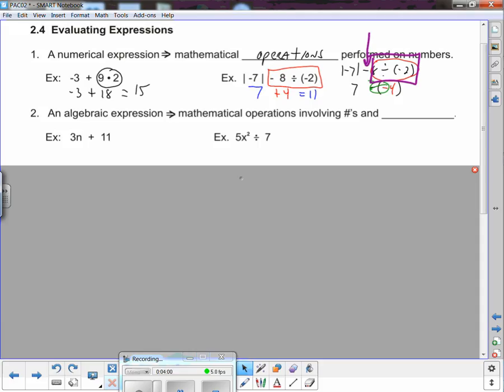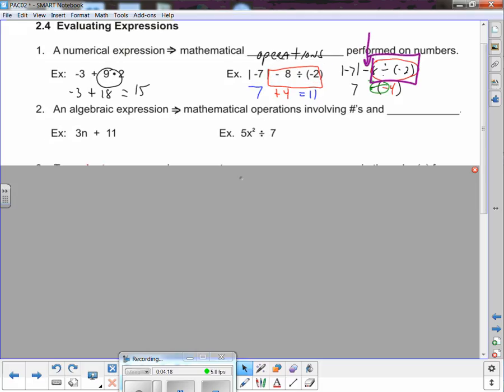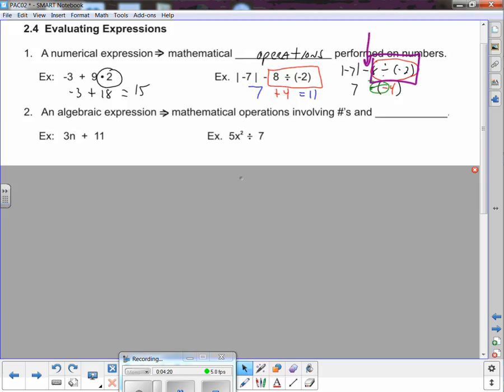All right, number 2, algebraic expression. Okay, so we just changed from a numerical expression to an algebraic expression. Somebody raise their hand and tell me what the difference would be. Nia? That's exactly it. So mathematical operations involving numbers and variables.